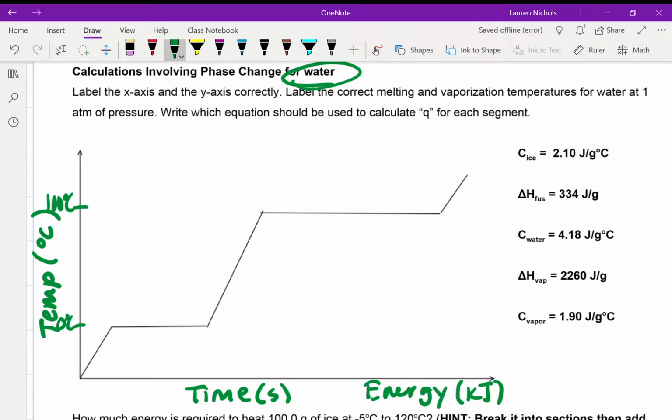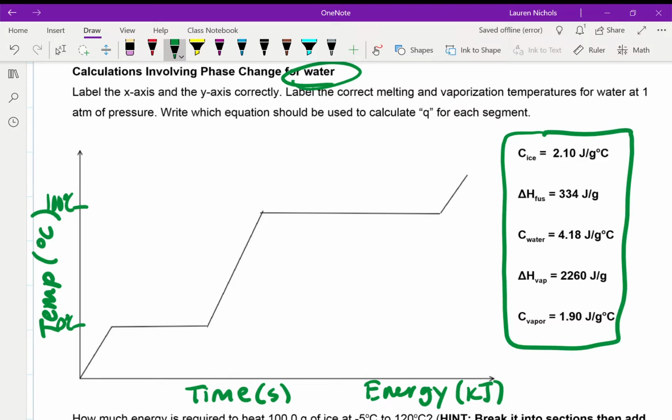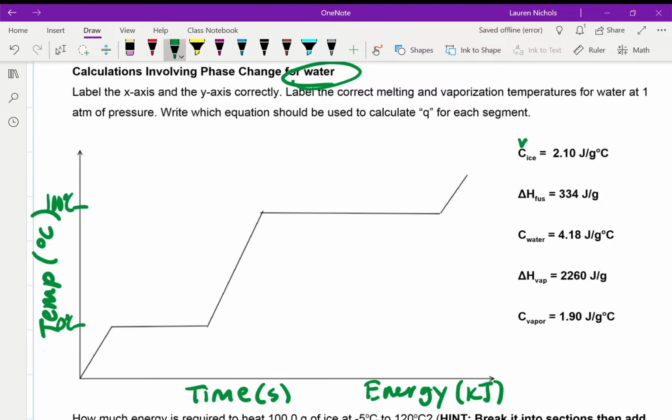And so what I want to show you on the right side is they've given us several values here. And these values are a couple different things. So we know that C is the specific heat capacity. And the specific heat capacity is different for H2O if it's a solid, liquid, or gas.